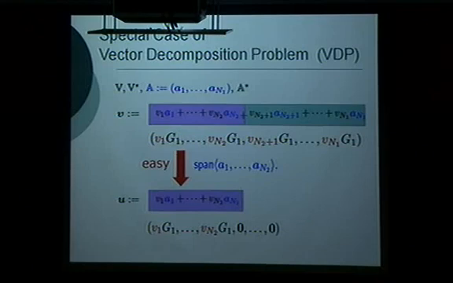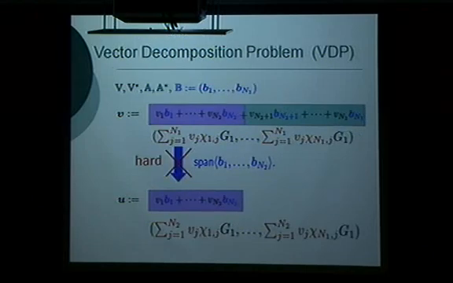Trivially, it is extracted this way, and decomposition means just extract this part and add 0. So this is a trivial case, but not for this general random basis.